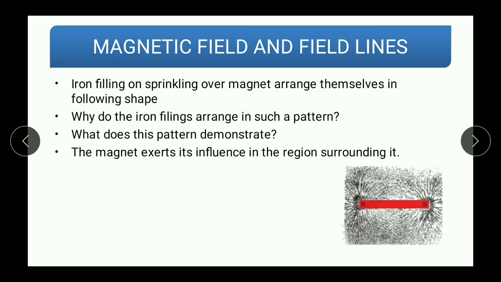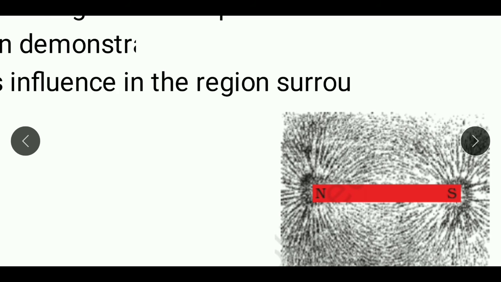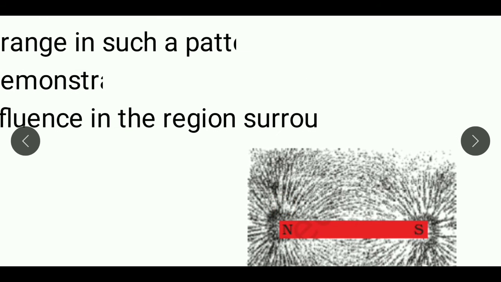The magnet exerts its influence in the region surrounding it. And this field of influence around the magnet is of this shape. Now, if you observe this diagram very closely, I will just try to magnify it. You will observe that near the north pole and south pole, the field lines are very close to each other.